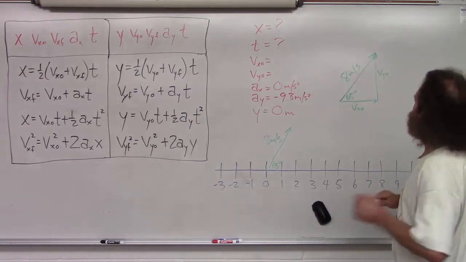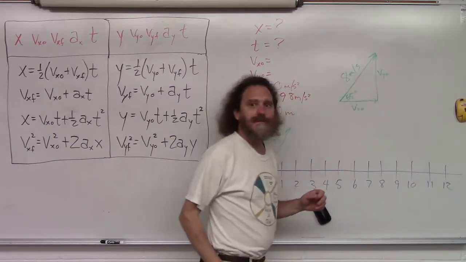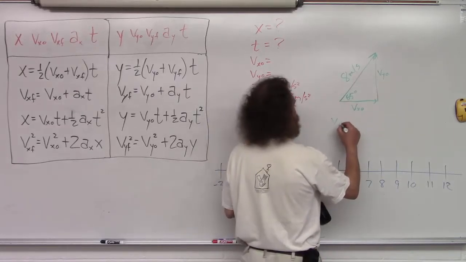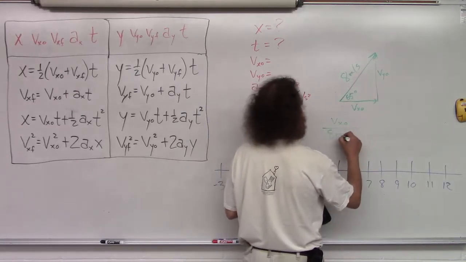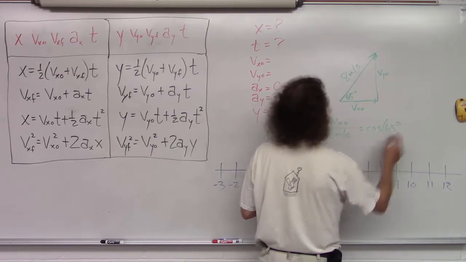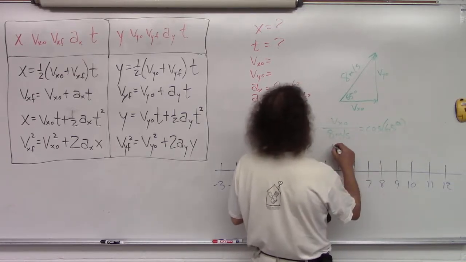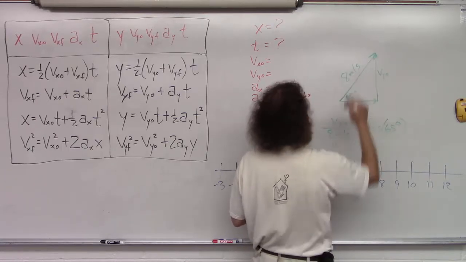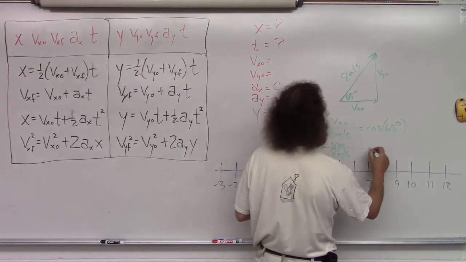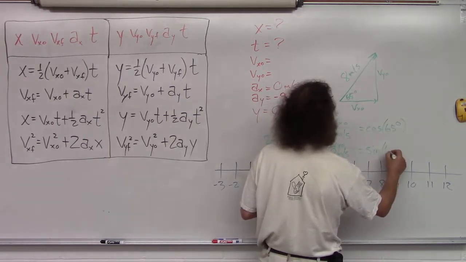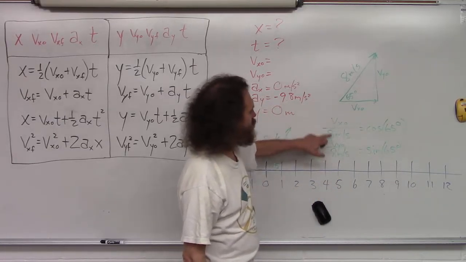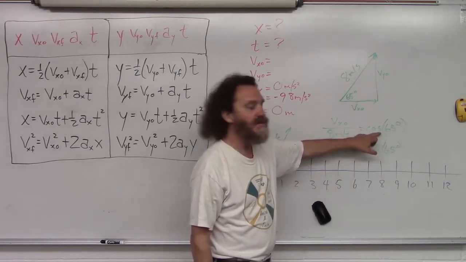So now you know that in trigonometry, the adjacent side over the hypotenuse is the cosine of the angle, right? And the opposite side over the hypotenuse is the sine of the angle, right? So Vx naught is 8 times cosine 65.